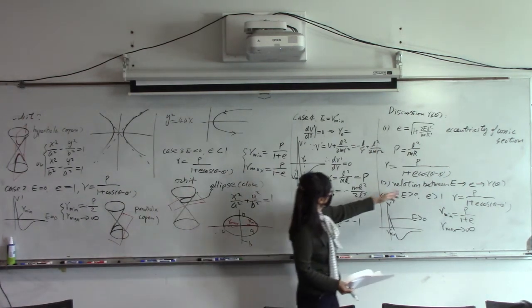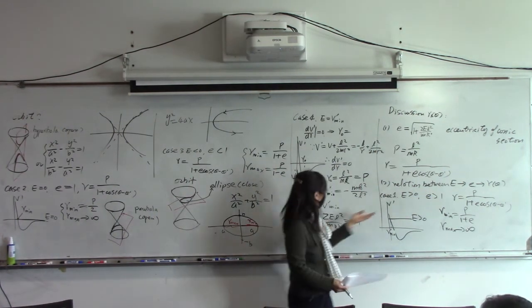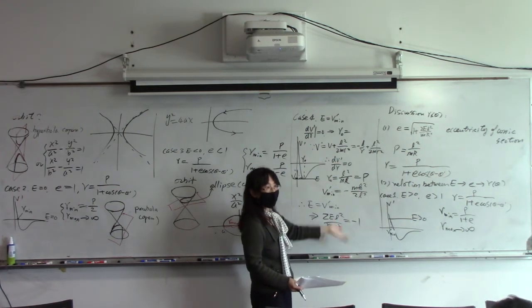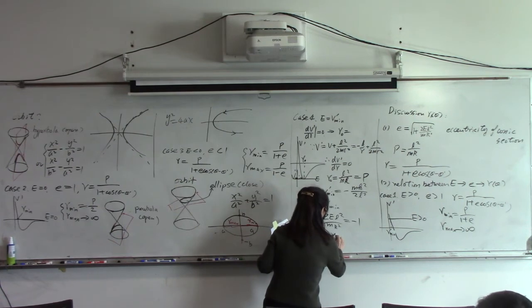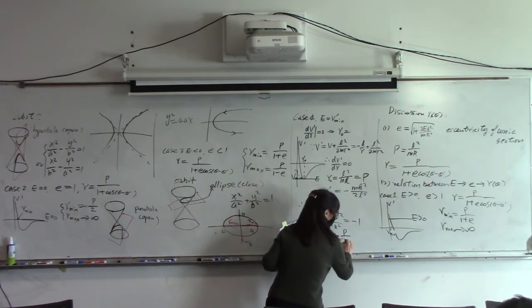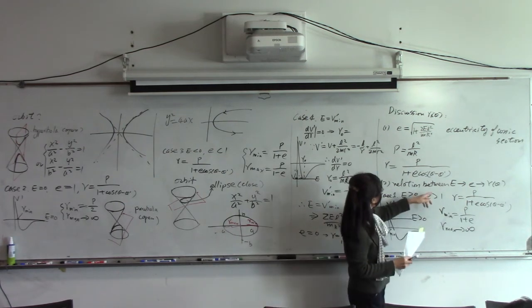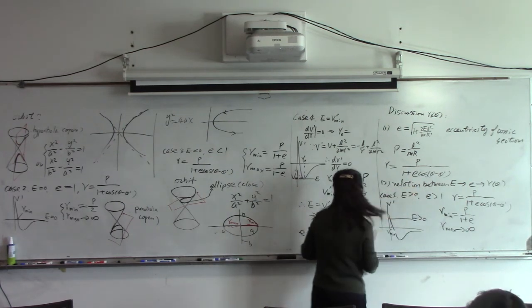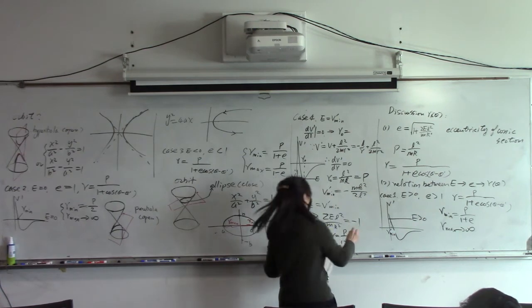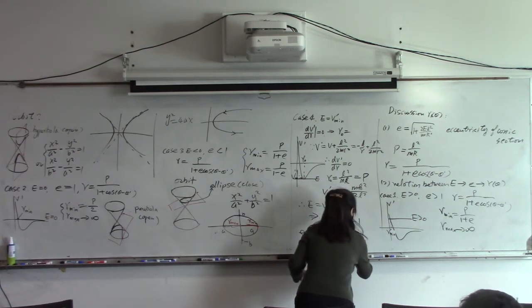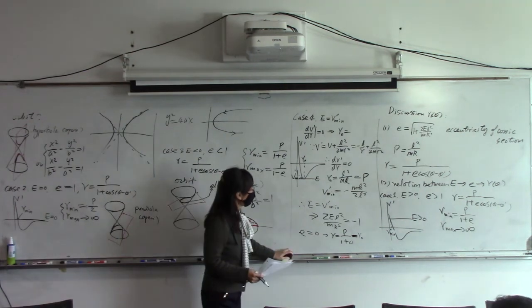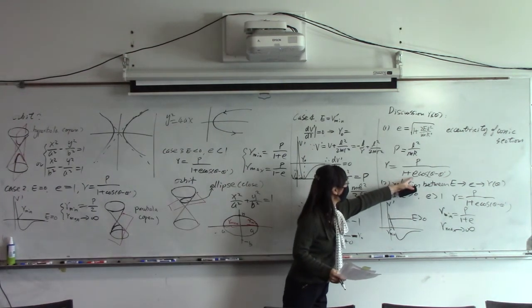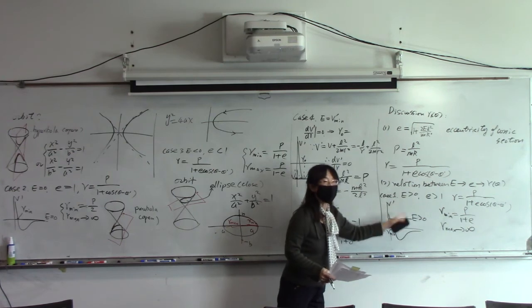Other cases we can analyze for e, but this case we need not. So if e equals 0, then r is p over 1 plus 0, because the cosine term here is 0. That makes sense because r is constant, since it's a circle. Interesting, right? Just from this formula, depending on e, and e depends on energy, we have different types of orbit.